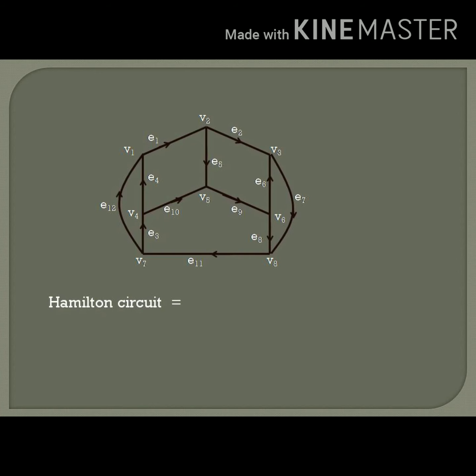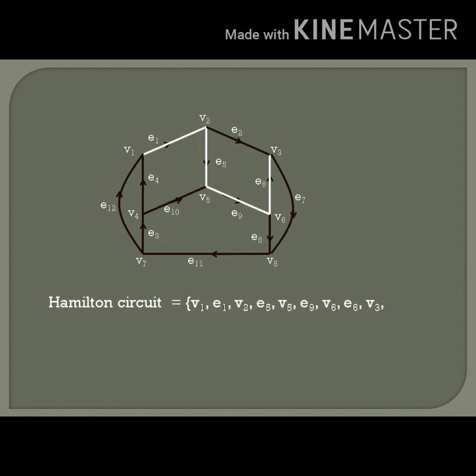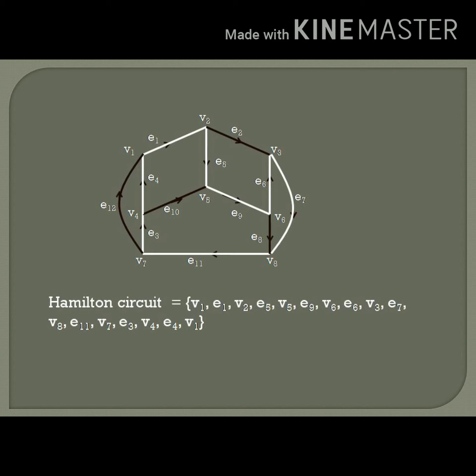Now let's see the Hamilton circuit. So observe the graph. Here the circuit starts at the vertex V1. V1 E1 V2, V2 E5 V5 and V5 E9 V6, V6 E6 V3, V3 E7 V8, V8 E11 V7, V7 E3 V4, V4 E4 V1.